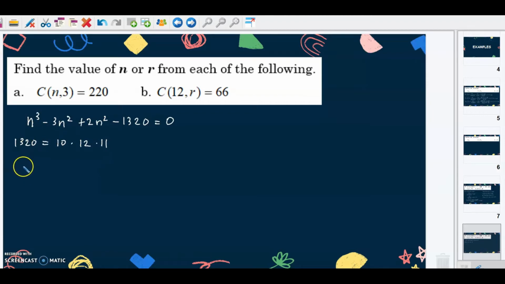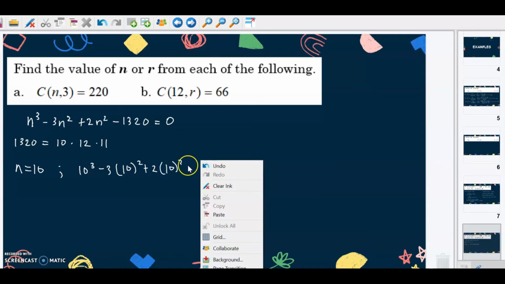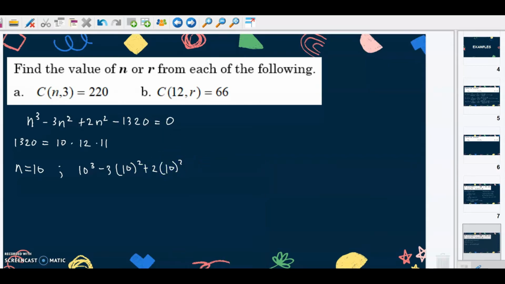So we take first 10 to be the value of n, and let's check whether this satisfies the given cubic equation. So if n is equal to 10, then we will have here 10 cubed minus 3 times the quantity 10 squared plus 2 times the quantity 10 squared minus 1,320.